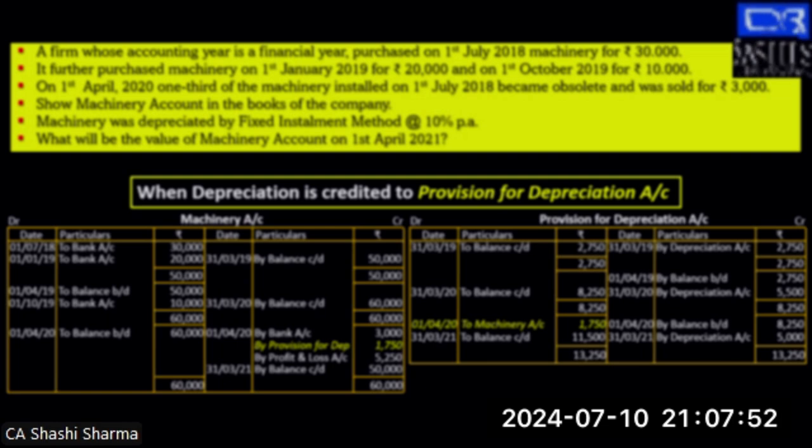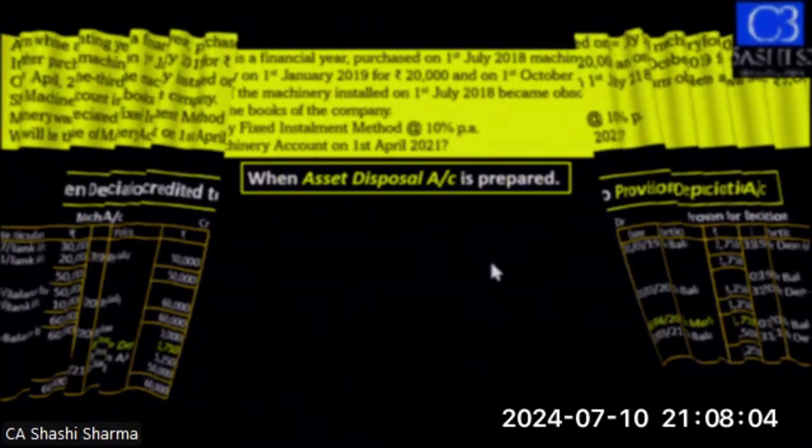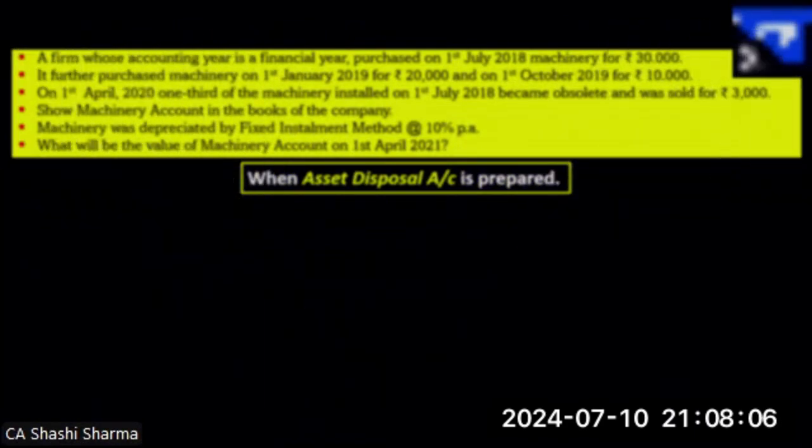So let's look at the solution of this question by the third method. We are solving the same question by all the three methods so that we can compare what different entries are being made under all these methods.